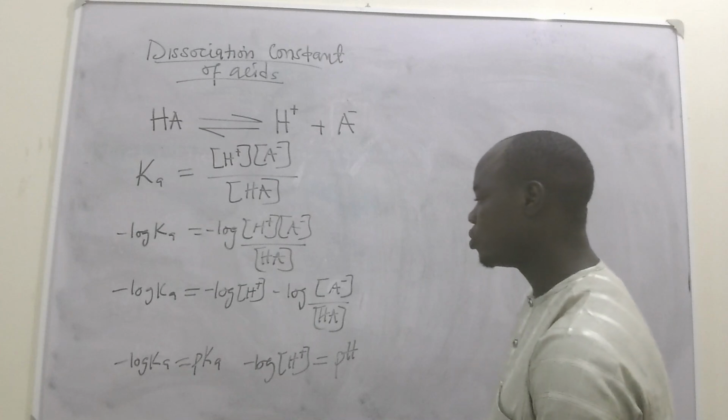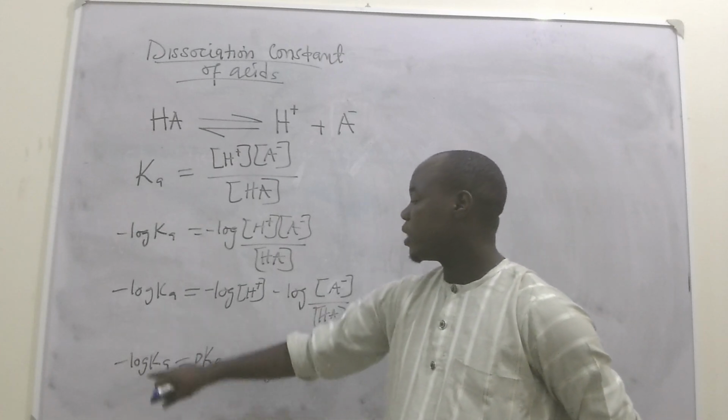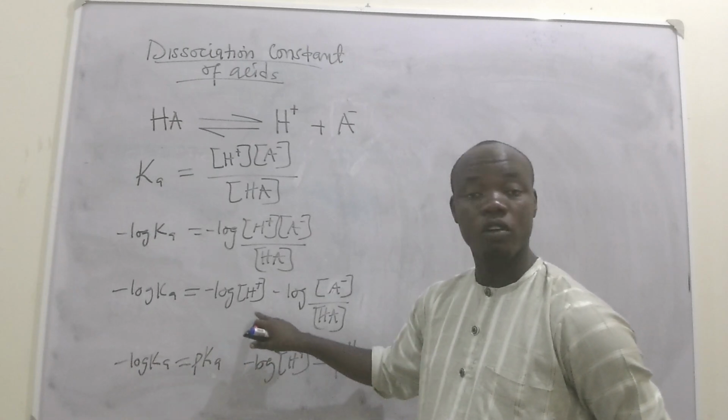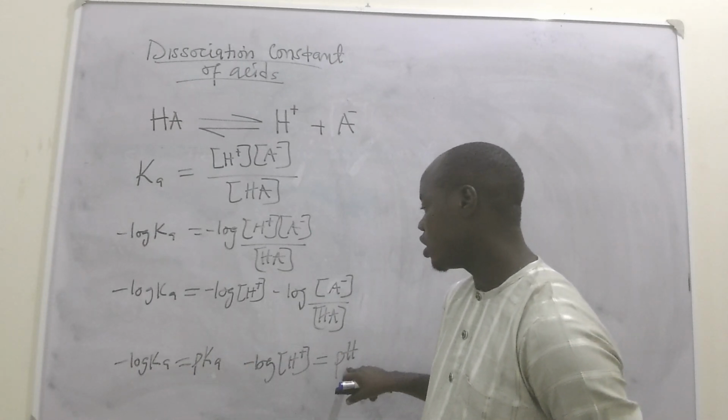So you can now substitute minus log Ka with pKa and minus log of hydrogen ion concentration with pH.